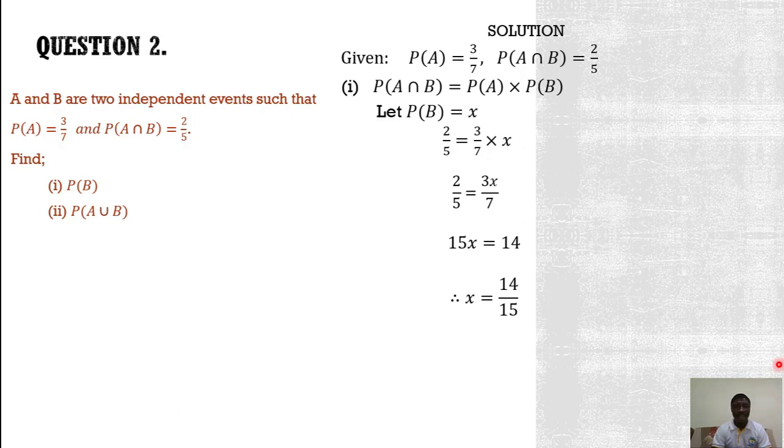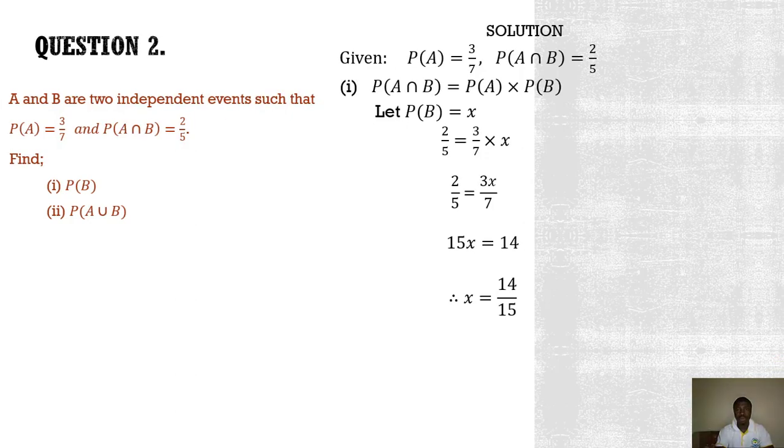Now let's look at II. You have to find the probability of A union B. Now I want you to pause here and ask yourself, what's the probability of A union B?